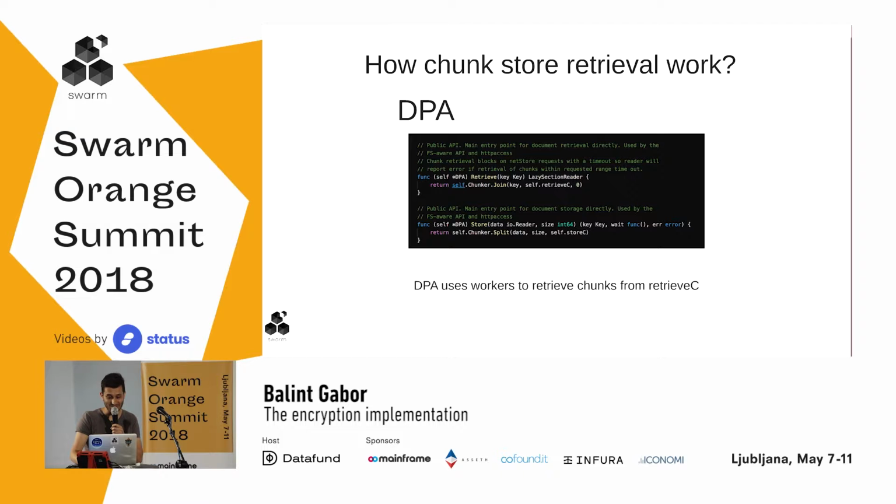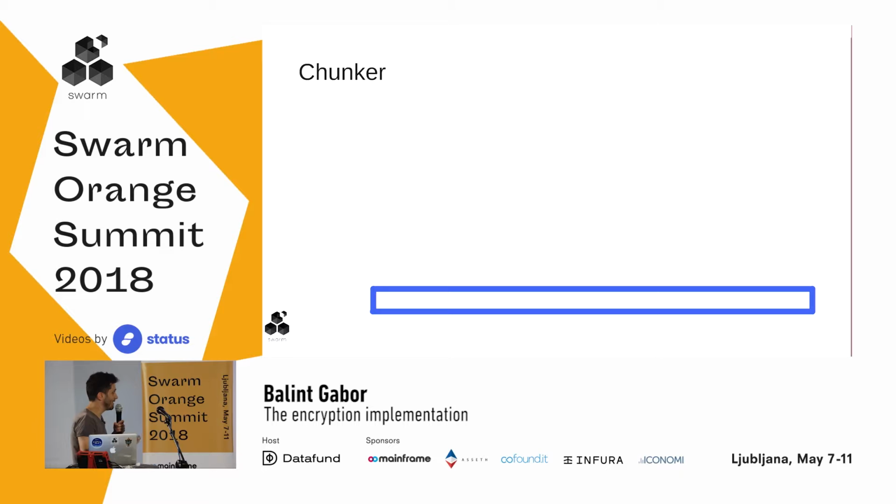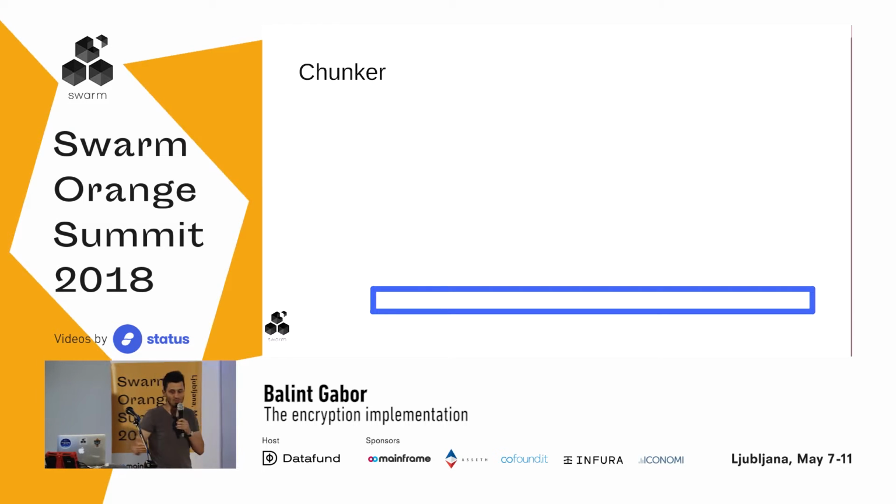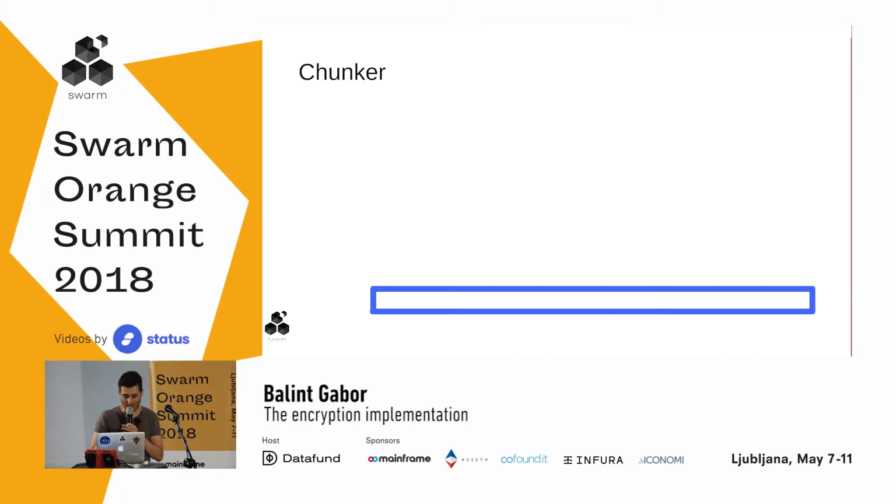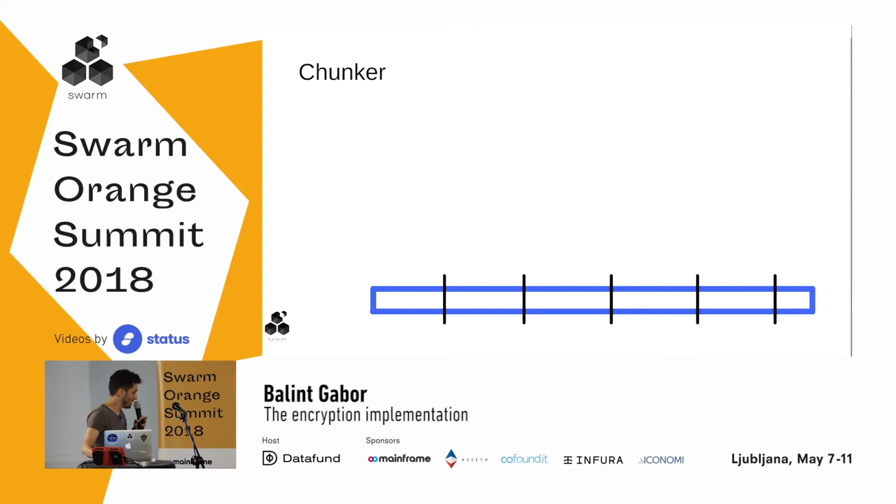Yeah, so the problem is the chunker. So what is the chunker? The chunker is the component which is responsible to split and join your content into this 4K chunk and build the tree, but it is already described by several people, including Daniel in the talk. So this is the content, and then you split it into chunks.